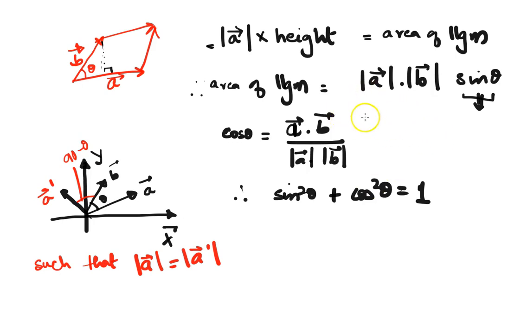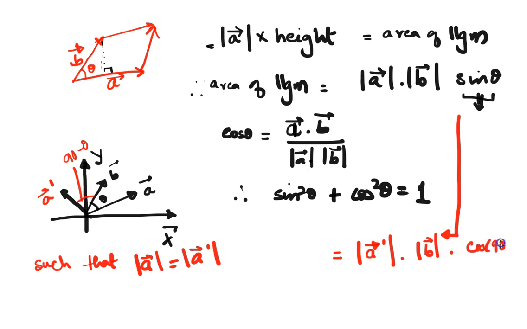So therefore, we can take this equation and replace A with mod of A prime into B vector into sine theta. Sine theta is equivalent to cos of 90 minus theta. Let's call this theta prime.